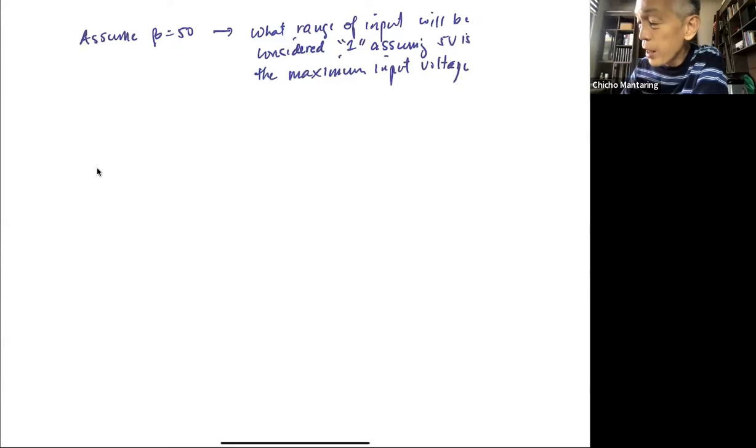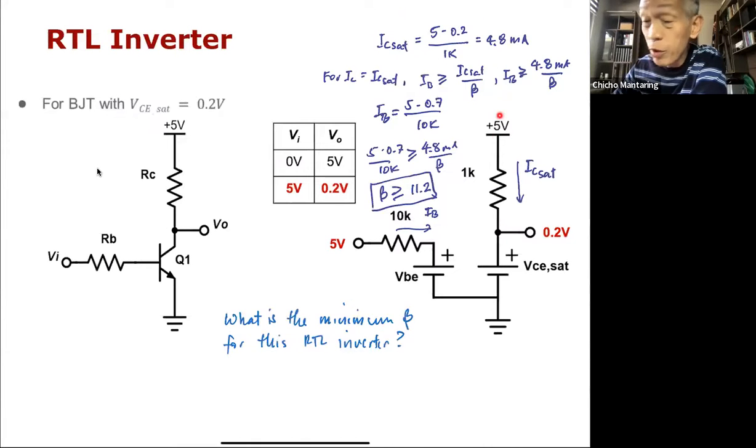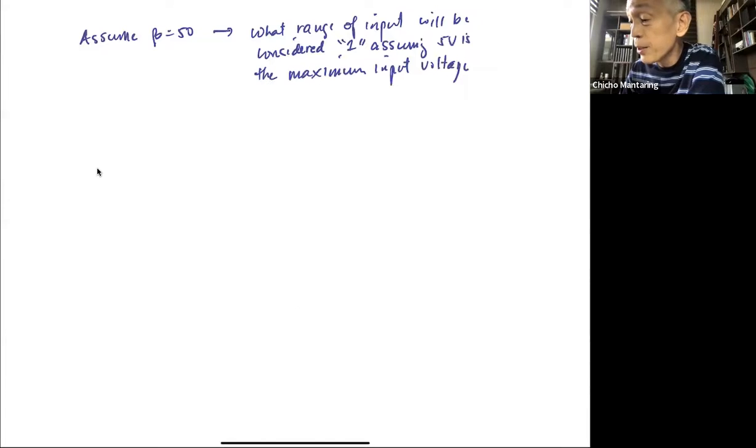Because usually our input voltage is limited by our power supply. So assuming 5 volts is our maximum input voltage, no? If we have a beta equal to 50, what range of input will be considered a logic level 1?